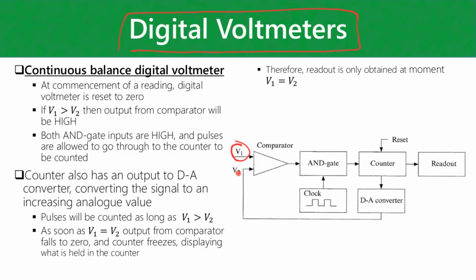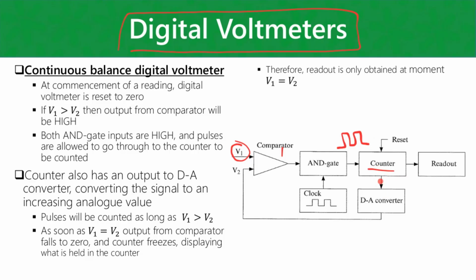As long as V1 is bigger than V2, the comparator is going to output high. That's going to keep one input of our AND gate high. And then we have a clock pulse generator here. So the AND gate is going to generate a bunch of clock pulses, and our counter is going to increment on each pulse.